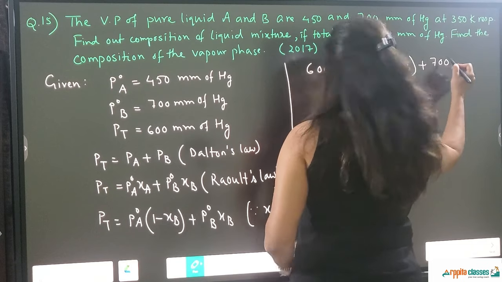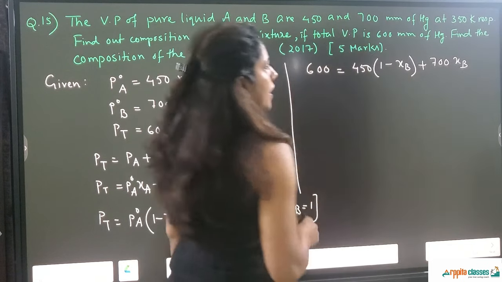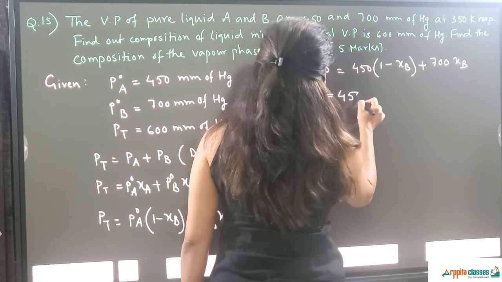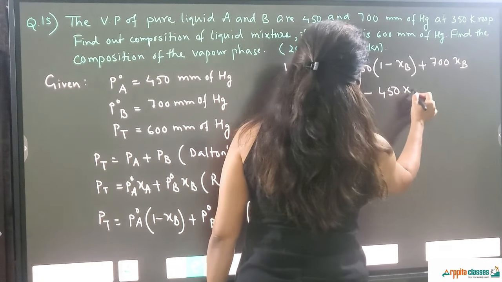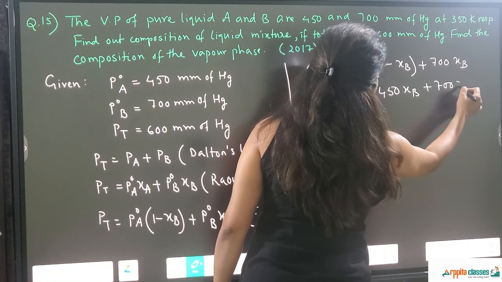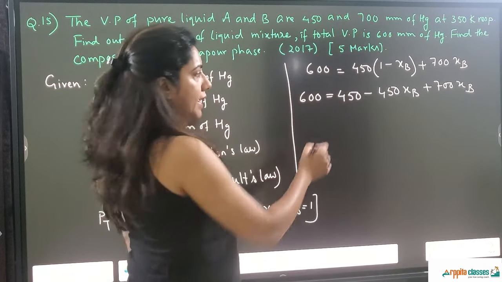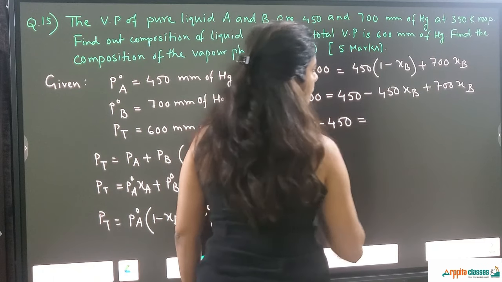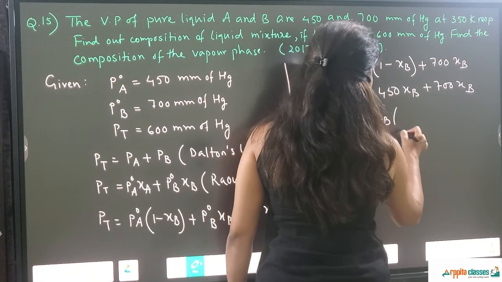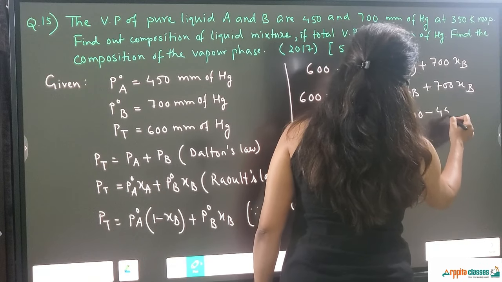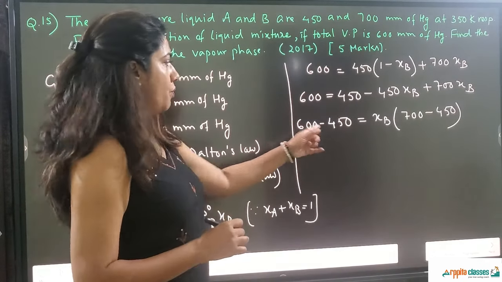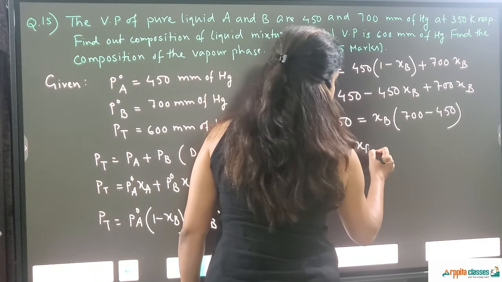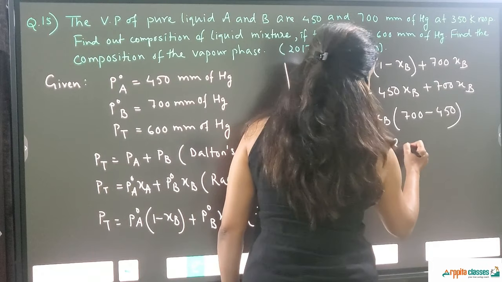Now I'll multiply this, I'll get 600 is equal to 450 minus 450 XB plus 700 XB. So I'll get 450 this side, 600 minus 450 is equal to, I'll take XB common from here, so it will be 700 minus 450. So this subtraction will give 150, and this is XB into 250.